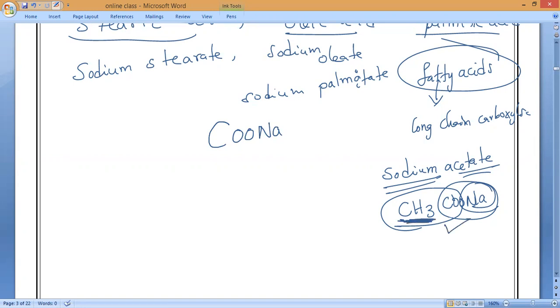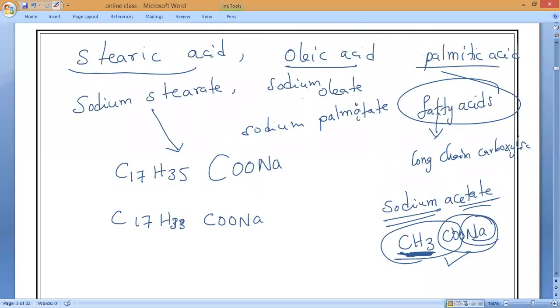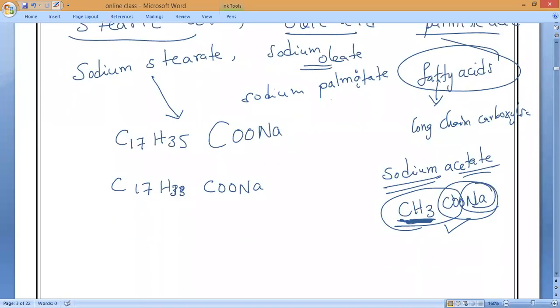This is sodium acetate. Sodium stearate will be C17H35COONa. Next, C17H33COONa is called sodium oleate.